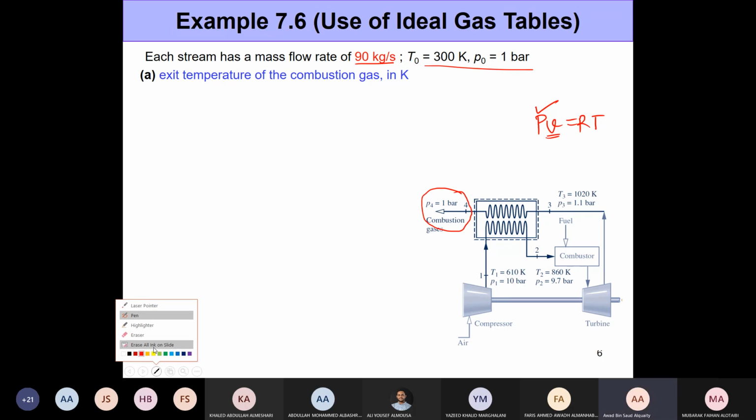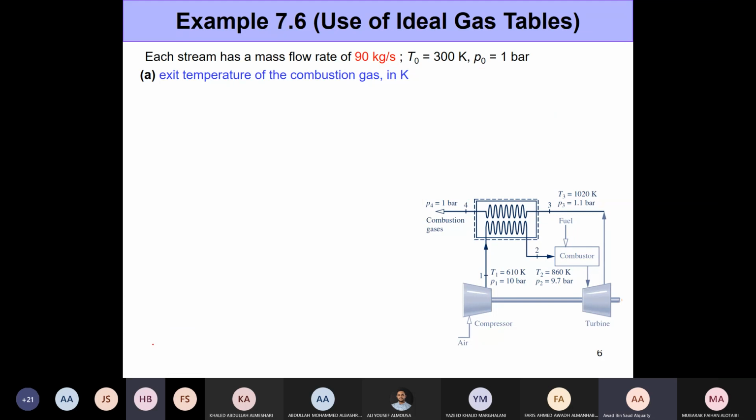Yes, Hassan. Maybe we can use the heat exchange between both streams. Yes, so you mean we apply some sort of energy balance? The Q lost from one stream goes to the other. We have the information from 1 to 2.